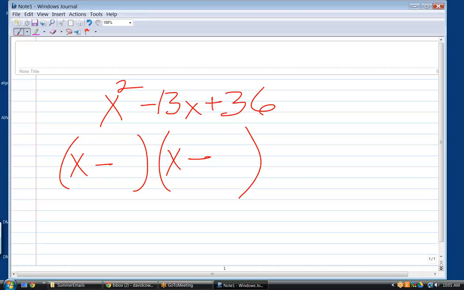Factors of 36 that do what? And then add them to the coefficient? They need to add to what? 13x. Not 13x, 13. So factors of 36 that add to the number 13. That's the rule. Okay, what are those numbers going to be?